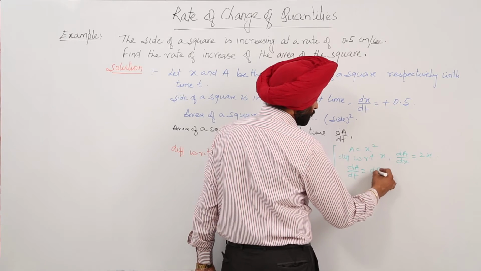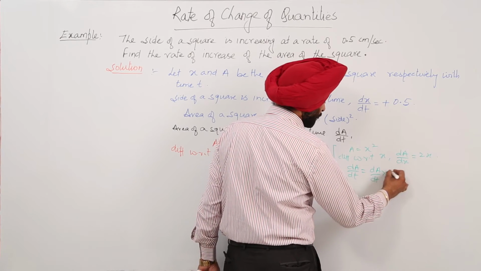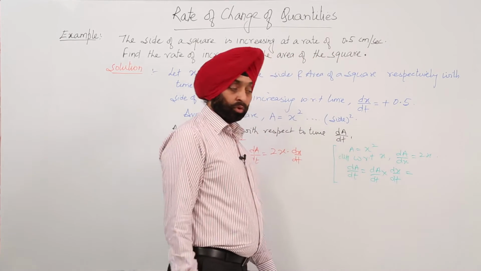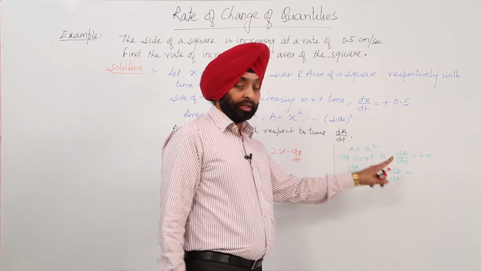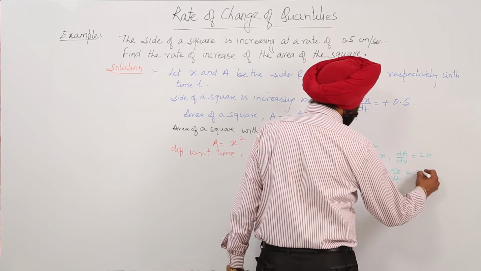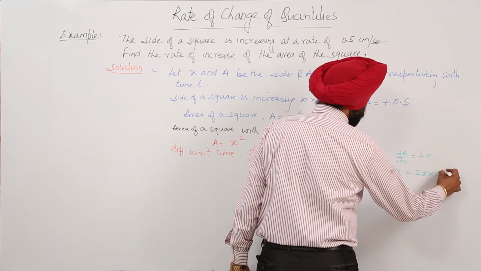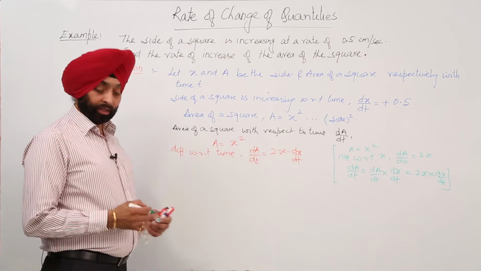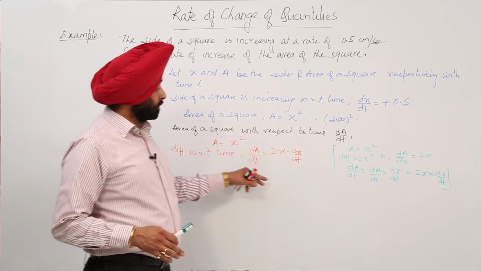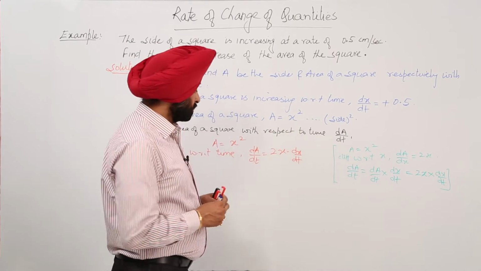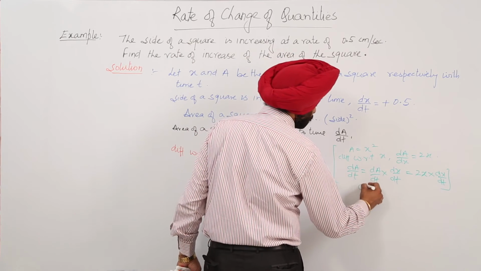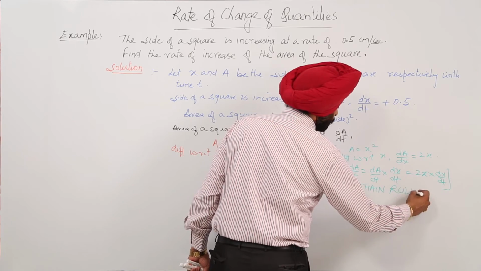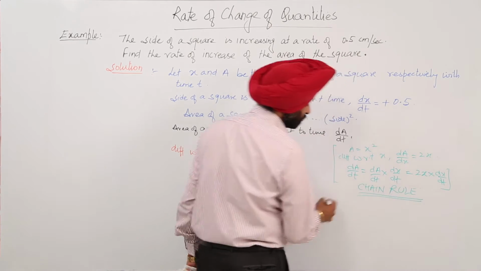So we have dA by dx times dx by dt. Now dA by dt is 2x with dx by dt. So I have done this directly here, and in other questions you are going to do all these things yourself. Okay, and what is this? This is the chain rule. For every question we can move with the chain rule.